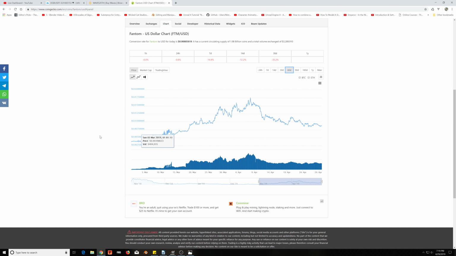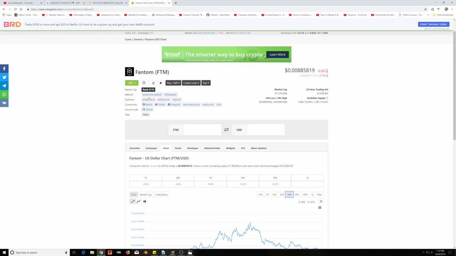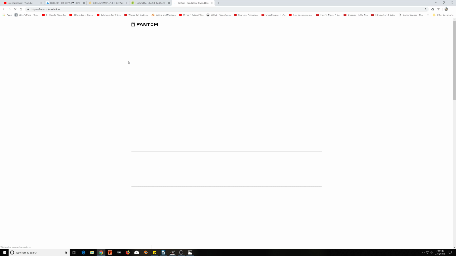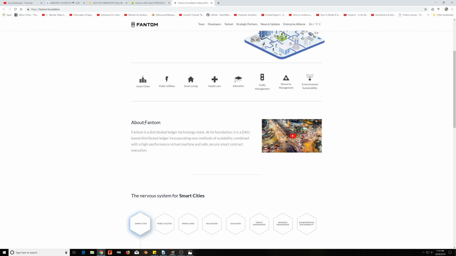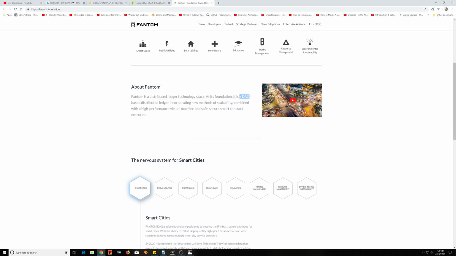Do your research. And what do they even do? What do they do? Let's see. The nervous system for smart cities. Oh, so they're going to be competing against VeChain, perhaps. It's a DAG. Seen a lot of DAGs come out, so it's going to be competing against Hedera and IOTA. High performance virtual machine. Okay.